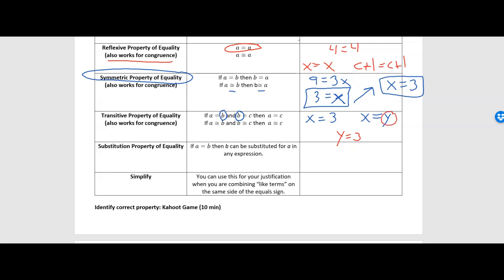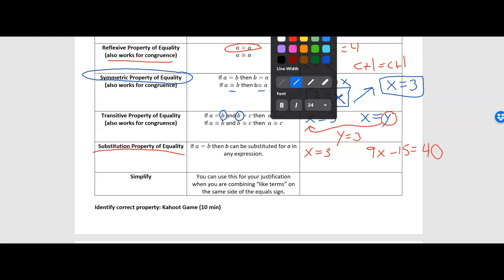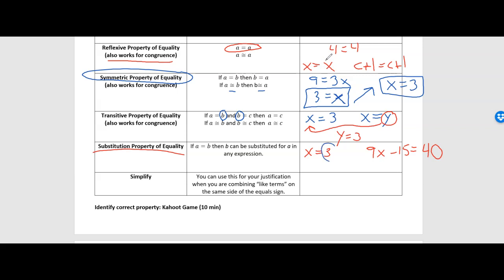Again, the way this works is that I'm just substituting this y in for the x because we know that they're equal to each other. Which leads us into our next property, the substitution property of equality. If I know that x is equal to 3, then wherever I see an x, so let's say 9x minus 15 equals 40, I can take this 3 and substitute it in for my x.